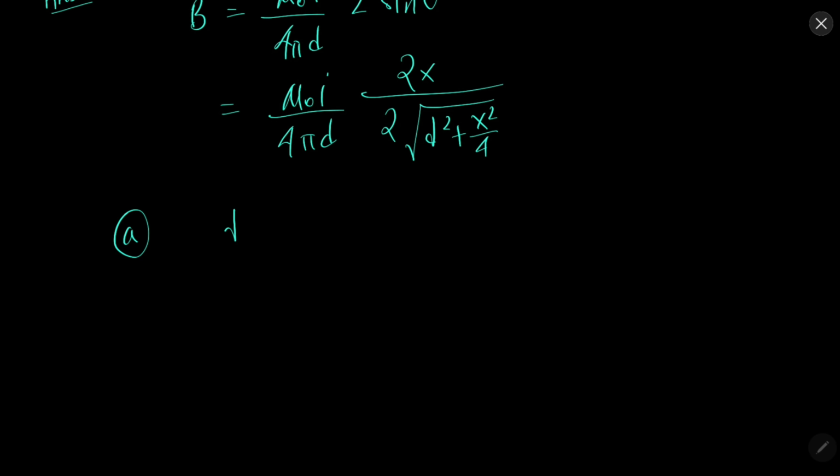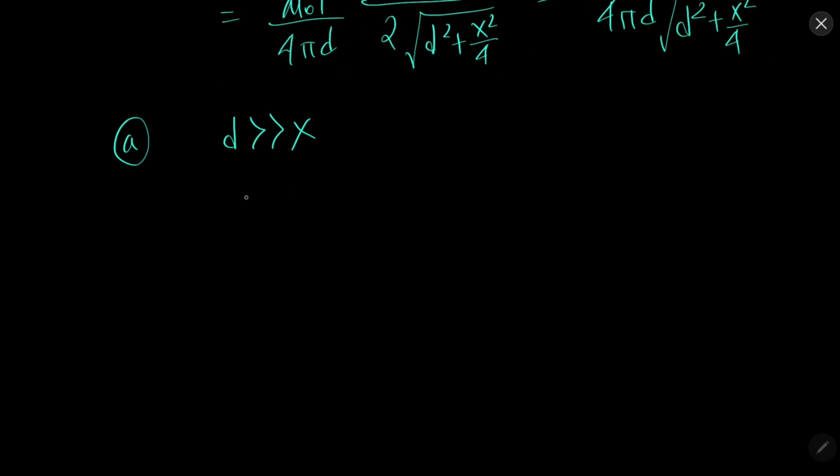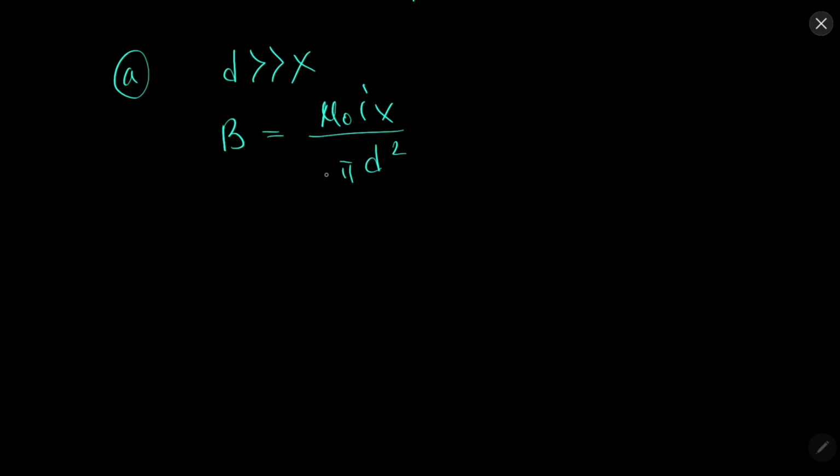A part, d much greater than x. Let's simplify this. In this case we will neglect x, so B will become mu naught I x over 4 pi d square.